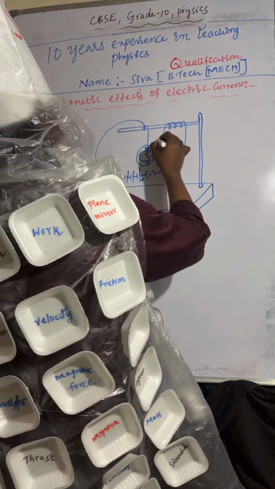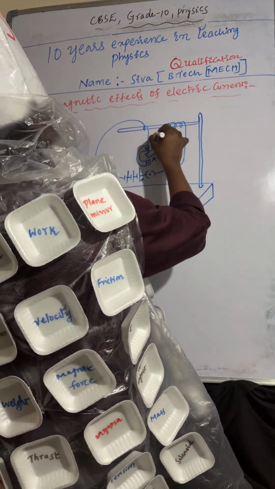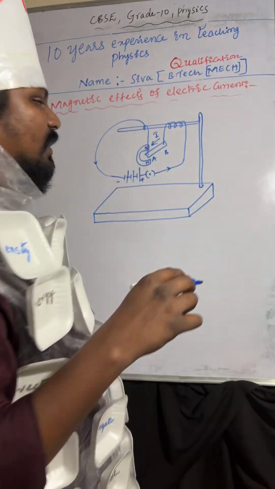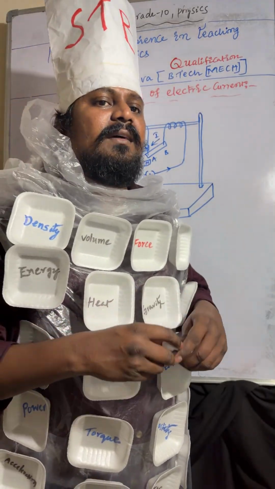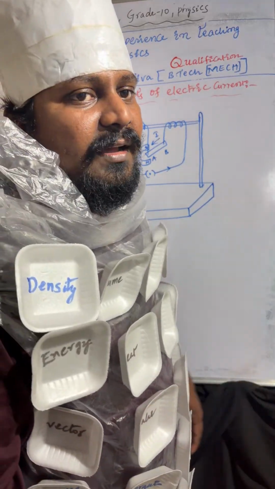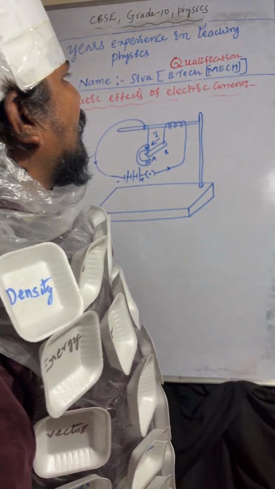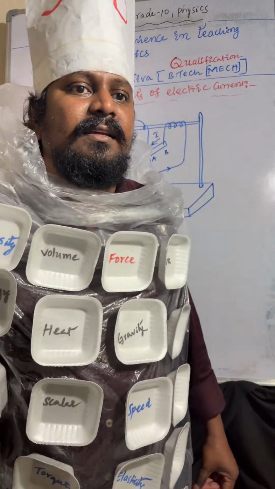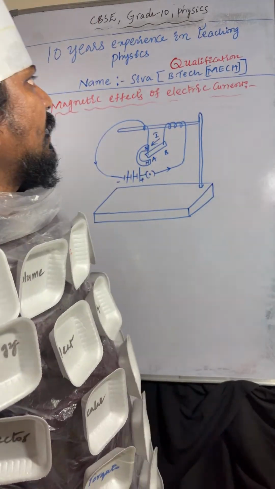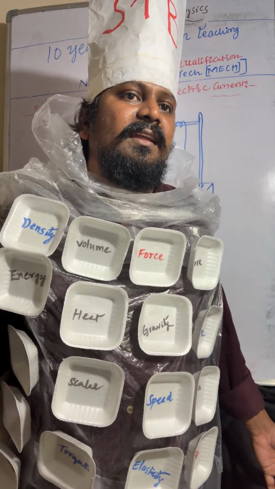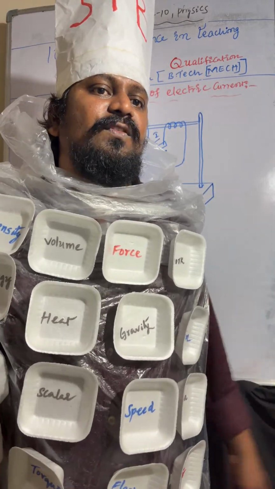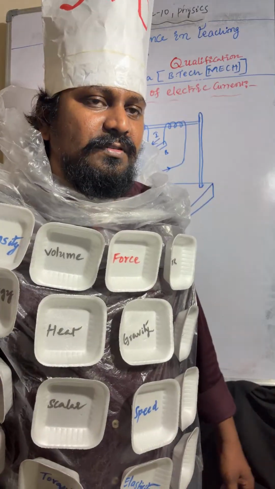Here current I is passing along this direction, through the conductor. A current carrying conductor placed in the external magnetic field experiences a force.